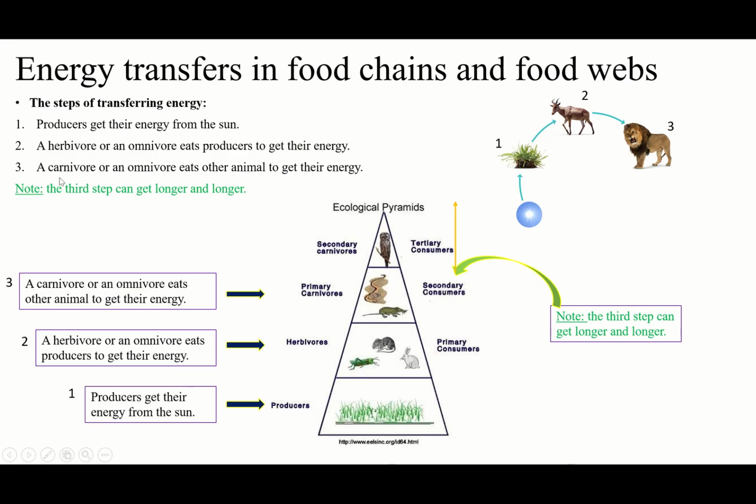Then the third one, a carnivore or an omnivore, eats the other animal, the previous animal, to get their energy. So these are the steps. First, we have producer, then a herbivore or an omnivore to eat the producers to get their energy, then a carnivore or an omnivore to eat the previous animal.